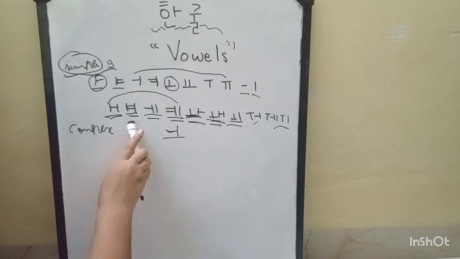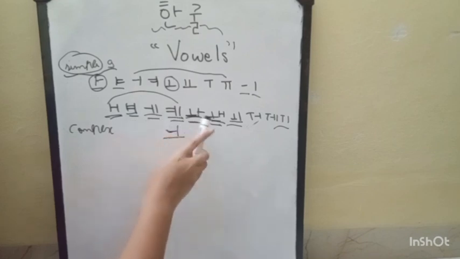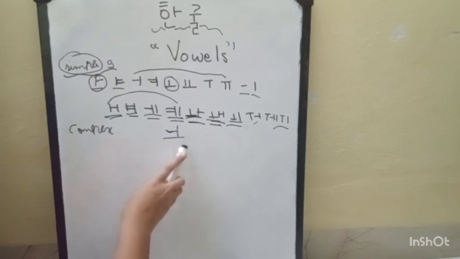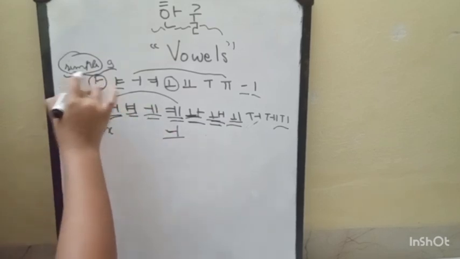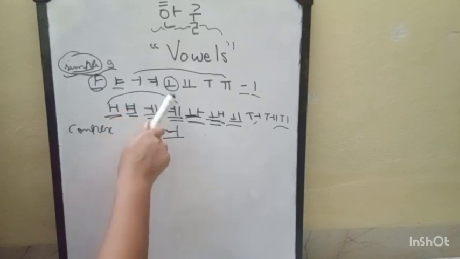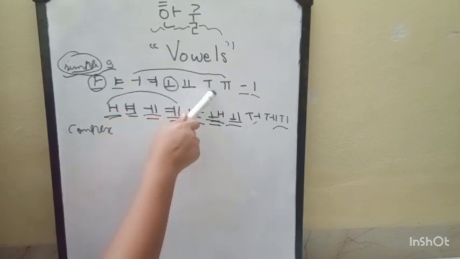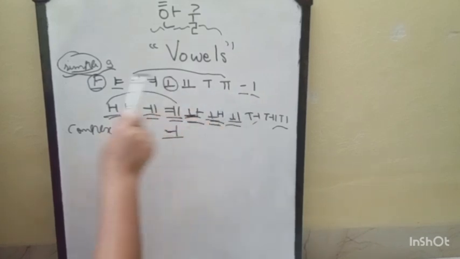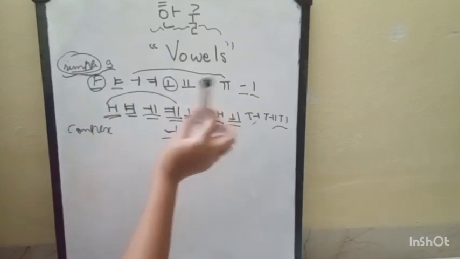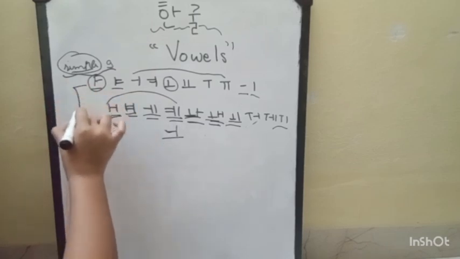A, ye, wa, we, woo, we, e. Now simple. A, ya, yo, you, i. A, ya, yo, you, i. Now we will combine both these.